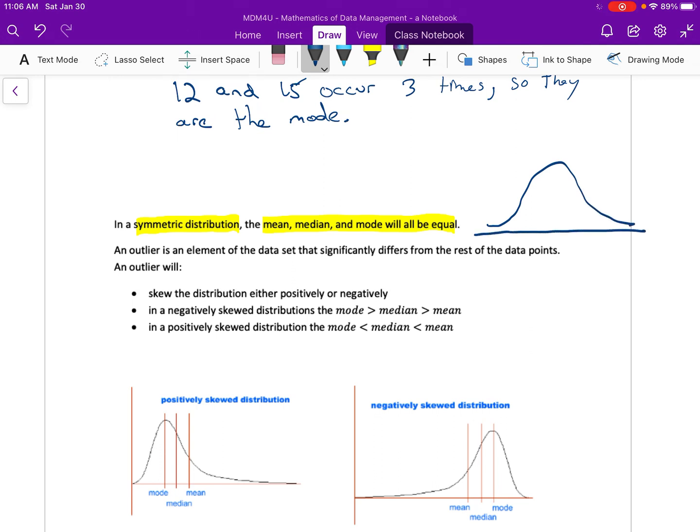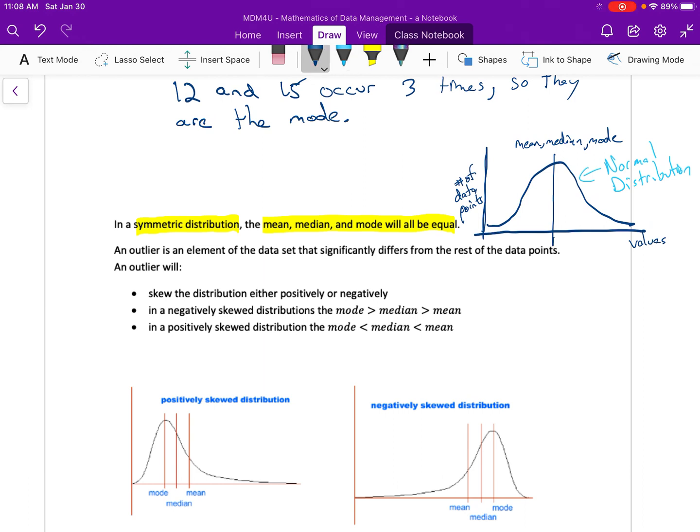These are my values, and this is the number of data points on this axis. In the middle here, you would find the mean, the median, and the mode. You've probably seen this is a normal distribution that a lot of people call the bell curve, that we'll learn about later.